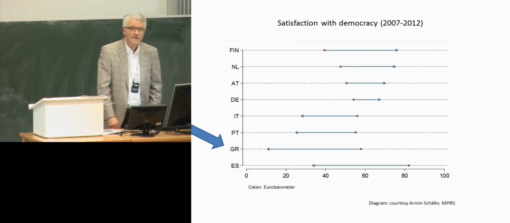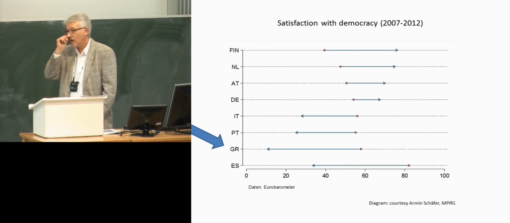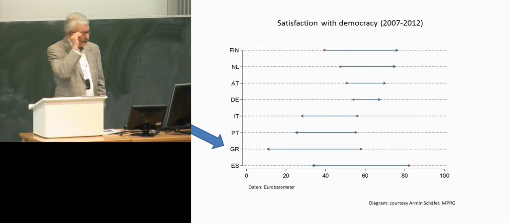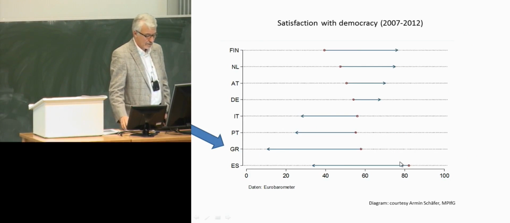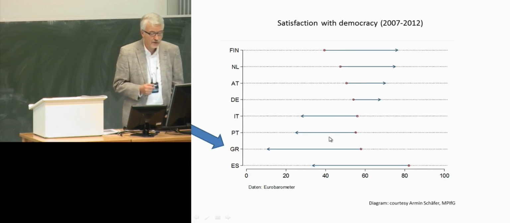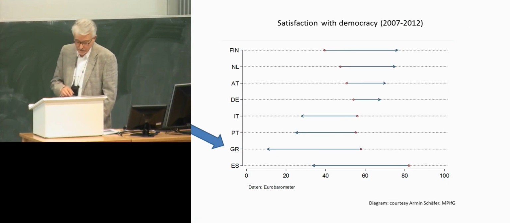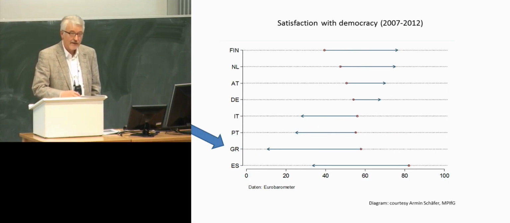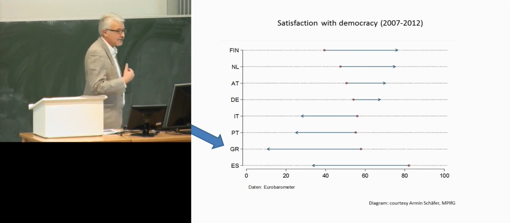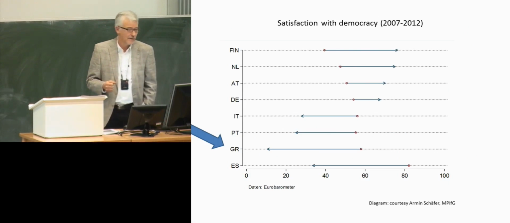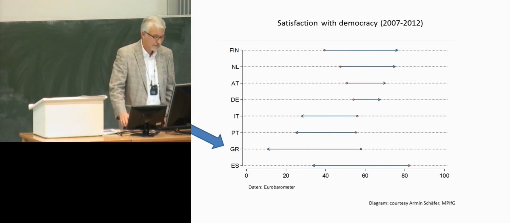Only 10% of the Greeks are satisfied with democracy. We have also a big decrease in Spain, and this shows clearly that economic crises matter when it comes to the legitimation of a political system and to the satisfaction with democracy.